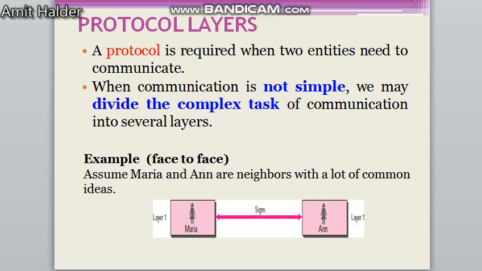So, what are the protocol layers? A protocol is required when two entities need to communicate. The important thing is how they could communicate with each other. For a face-to-face example, Maria and Anne are neighbors. They will show some signs and communicate with each other by a language.